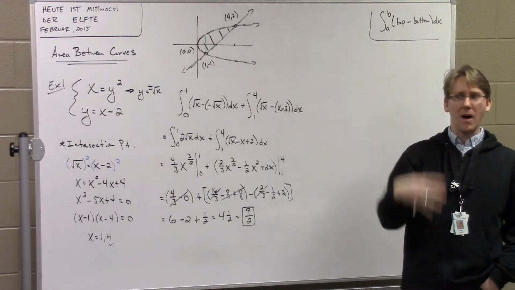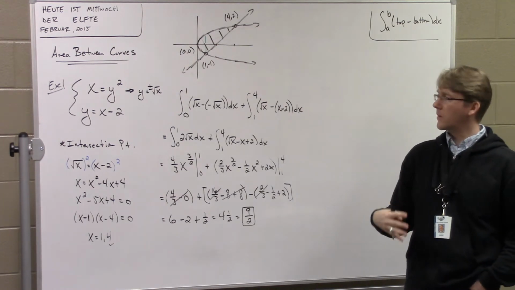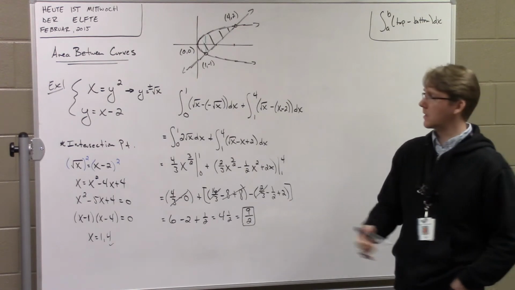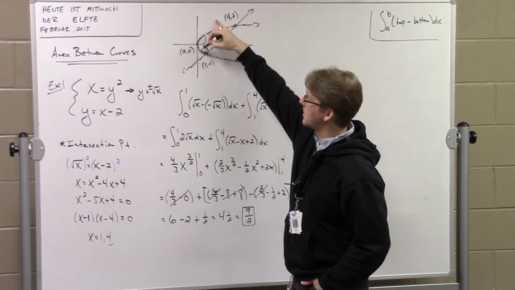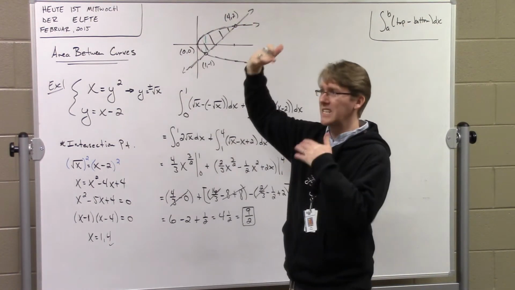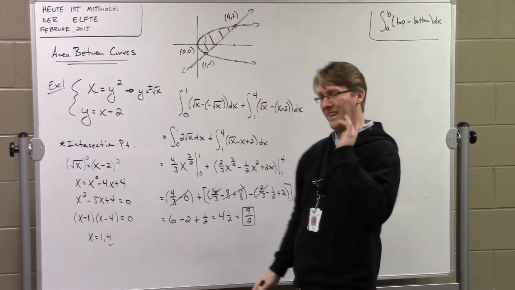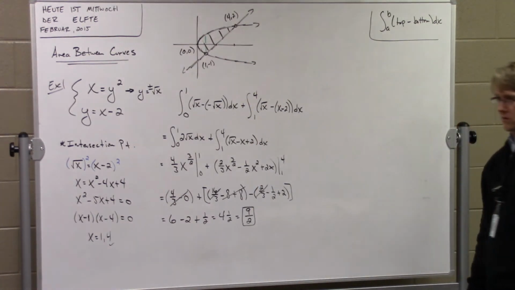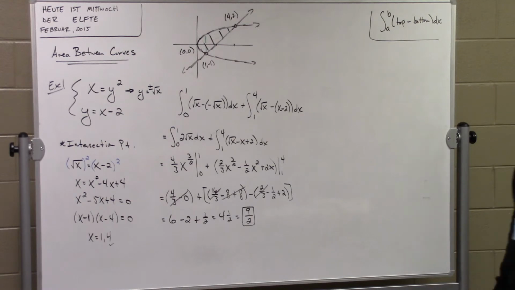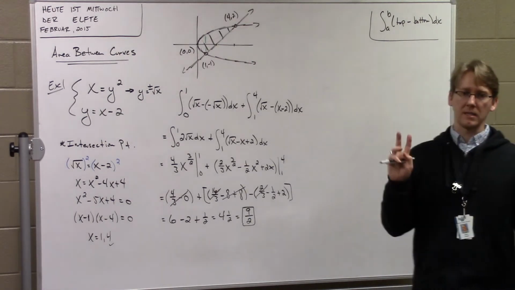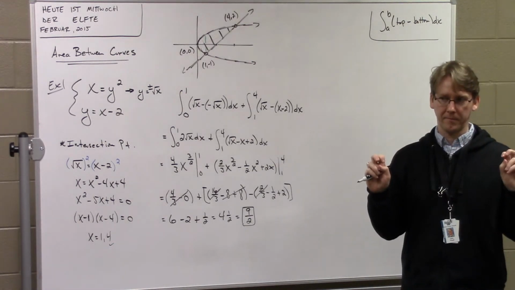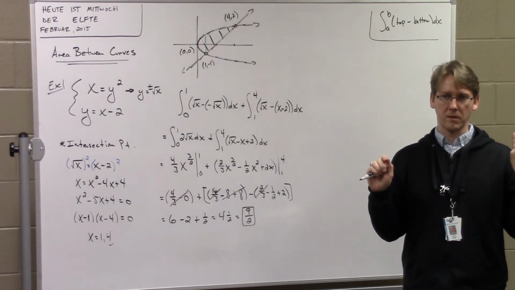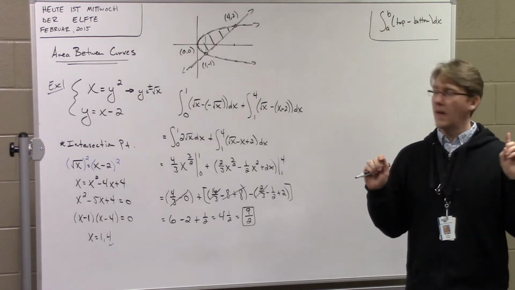When we look at top, bottom, which one is top, which one is bottom, there were two different possibilities. One region had this on top, this on bottom, and then another region had a different set of top and bottom. We can set this one up with only one integral, but we have to redefine what we consider top and bottom. Everybody take your heads and tilt them to the right.